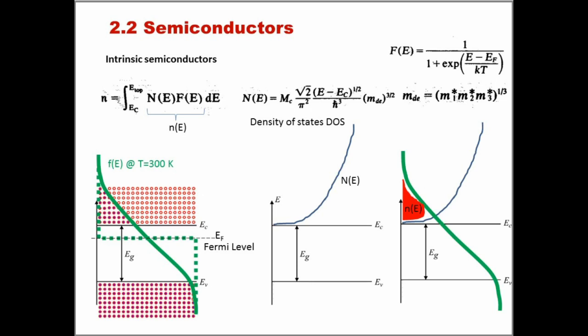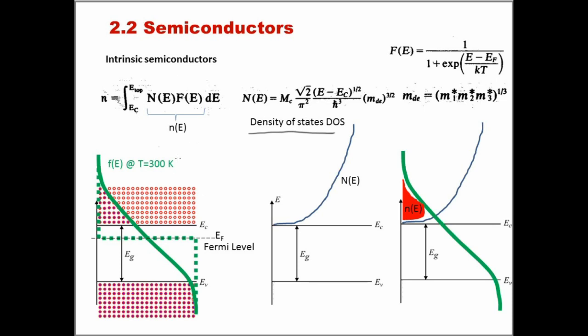So, for example, here we can see how, using the Fermi function, we can calculate the electron density. Doing this integral here, we define the concept of density of states, which is a concept we will see in more detail later on in this course.